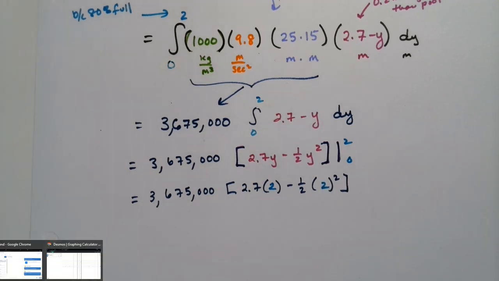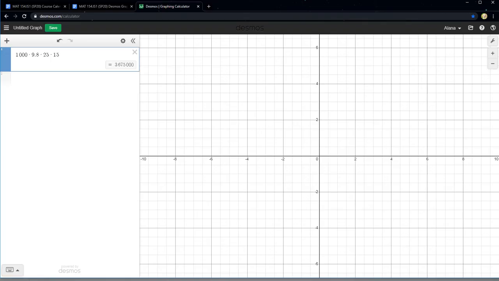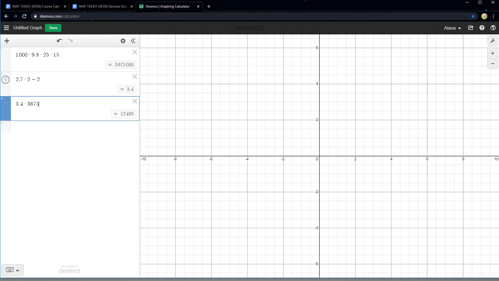So let me go grab it. Okay, so let's just do 2.7 times 2 minus 2. So that's 3.4. And then 3.4 times 3,675,000 is 12,495,000 Newton meters.